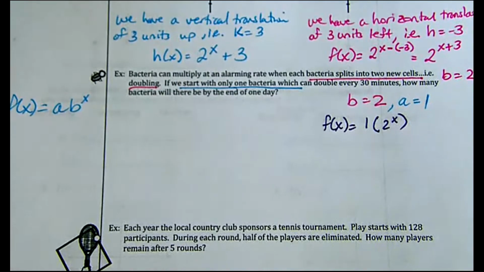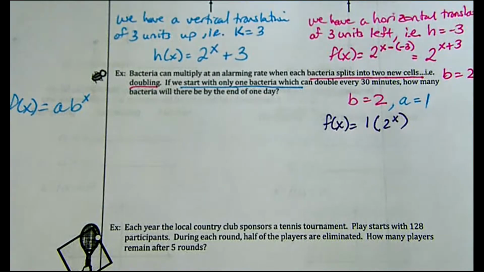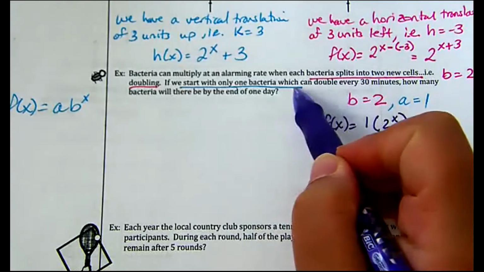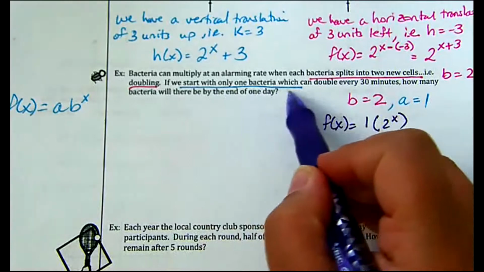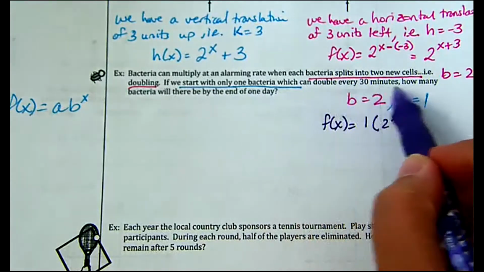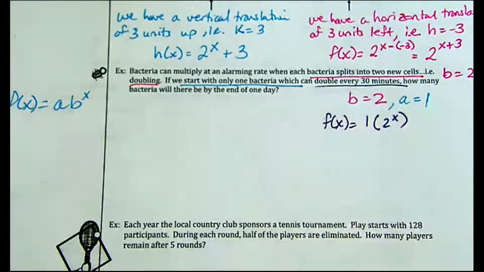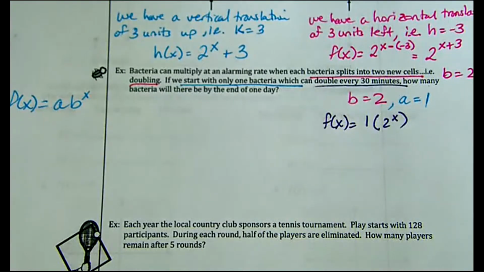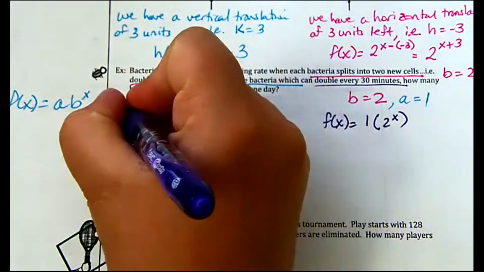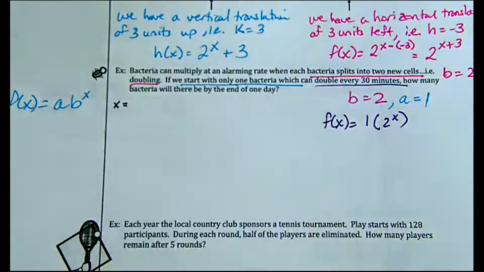Then they give me some timelines. They're telling me that we start with only 1 bacteria, which can double every 30 minutes. Which means that each value in our x, right?